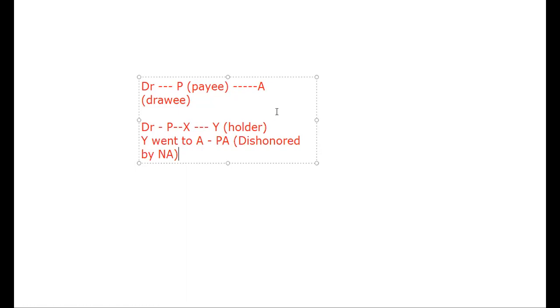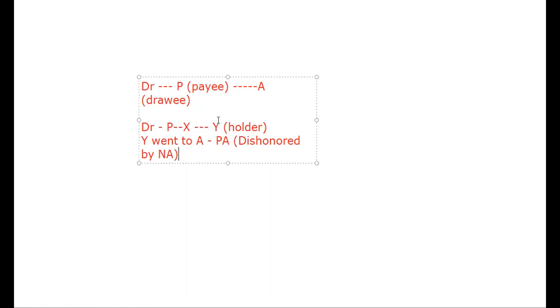First, there has been dishonor, and then the second one is that there has been notice of the dishonor. Considering that the drawer has been notified of the fact of dishonor, the drawer is now liable to Y, the holder. Pero ang sinabi doon sa section 62, sabi doon, he will pay the holder or any person who might be compelled to pay it. Who is that any person who might be compelled to pay it?